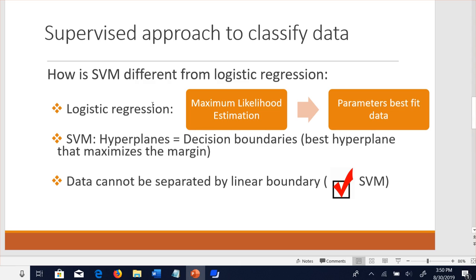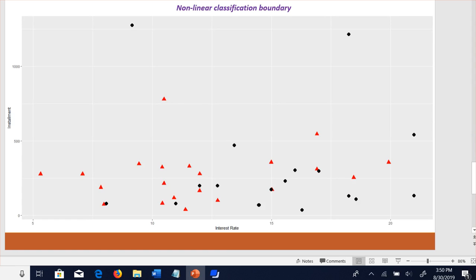As I mentioned here, support vector machine can also be used when our data is not linearly separable. And this is what I mean. You can see that the black dots and the red triangles cannot be separated by a straight line. They are scattered everywhere, even though they are classified into different groups.